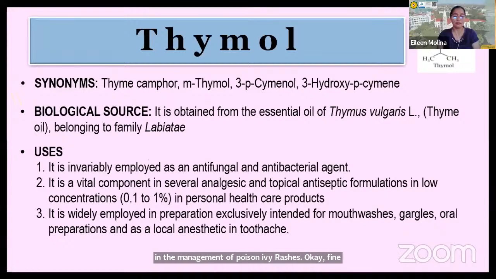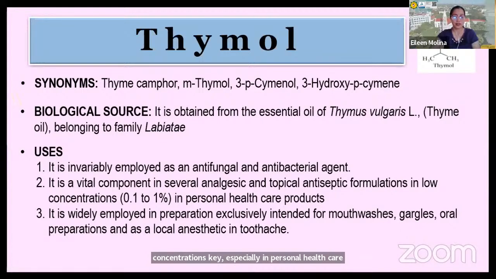Thymol. Thymol is obtained from the essential oil of Thymus vulgaris, and it is used as an antifungal, antibacterial agent. It could also be a component of several analgesic and topical antiseptic formulations in low concentrations, especially in personal health care products.